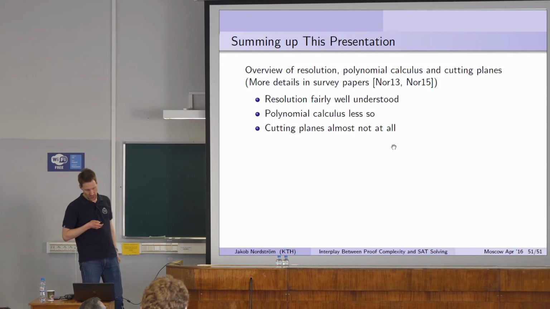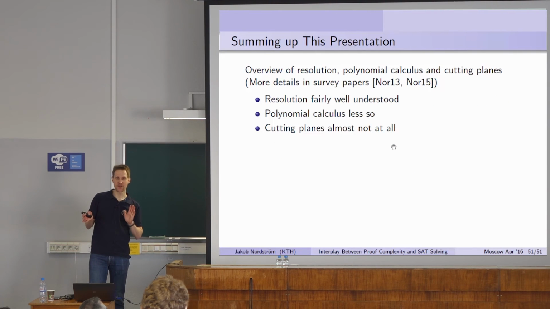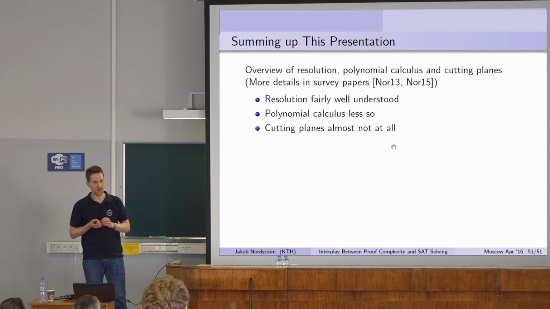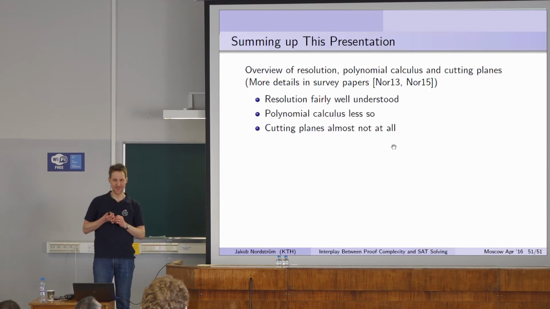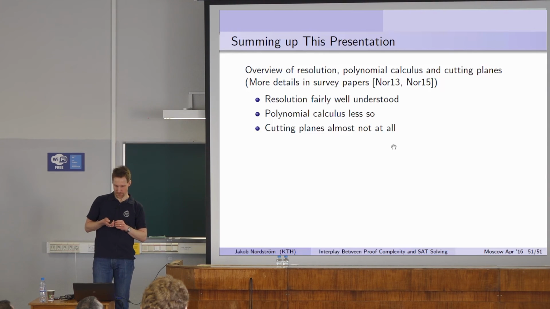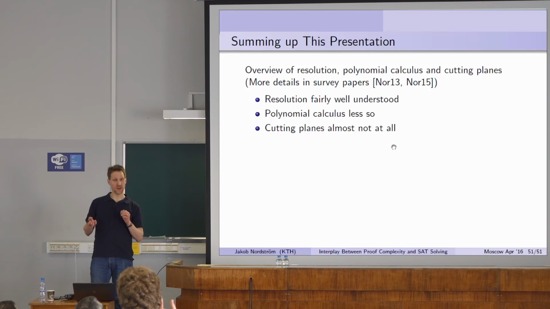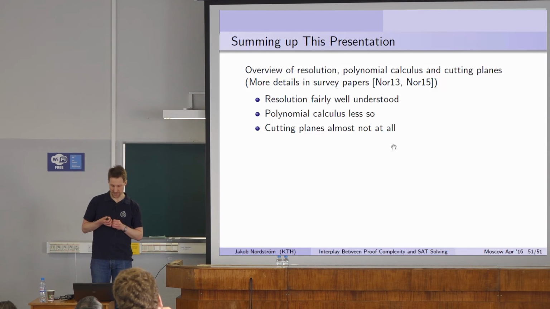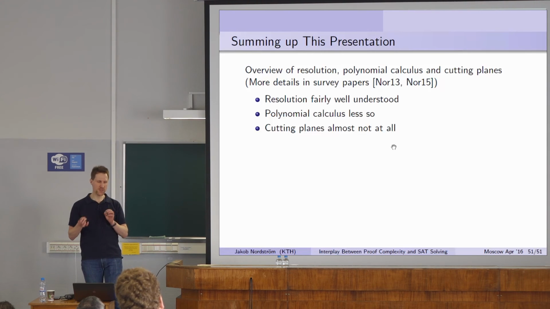So, summing up, what I tried to do in this talk, we talked a lot about resolution and also a fair amount of polynomial calculus. We talked very briefly about cutting planes, but at least I mentioned it. Resolution is fairly well understood. It is also a basis of very successful sat solvers. Polynomial calculus is still reasonably well understood, but with a number of nice open questions.